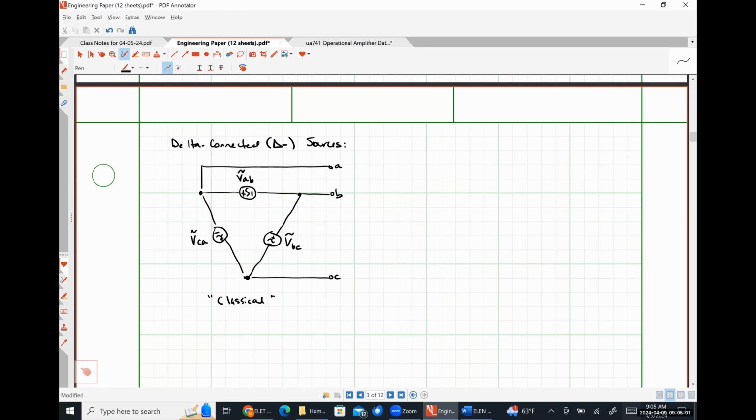And then over here on the right-hand side, I will draw in our modern representation.